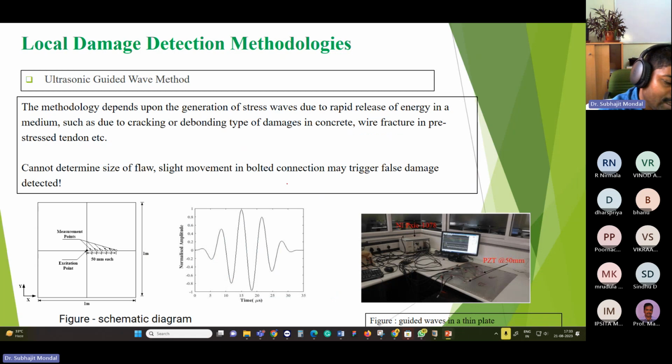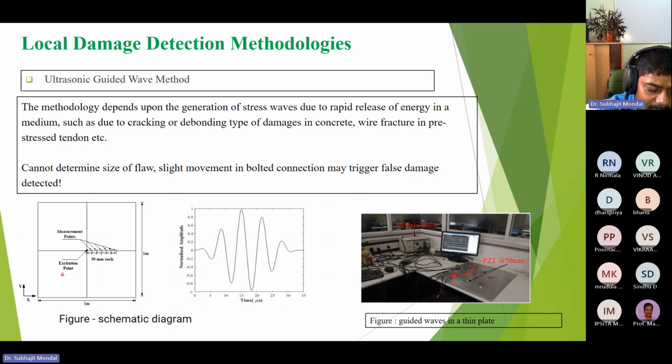Another is the ultrasonic guided wave method. Here we have a PZT, a piezoelectric transducer. On the right side you can see the piezoelectric transducer through which you provide the impulse, and we have a sensor here and we measure the response. If there is some damage somewhere here, we can locate the damage.